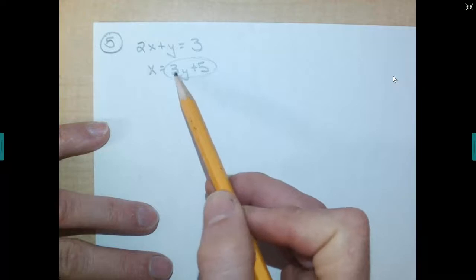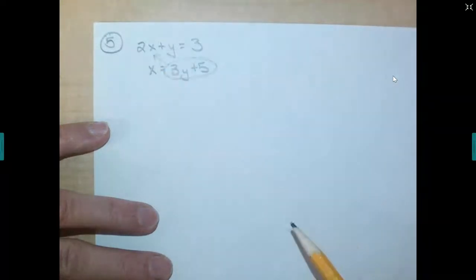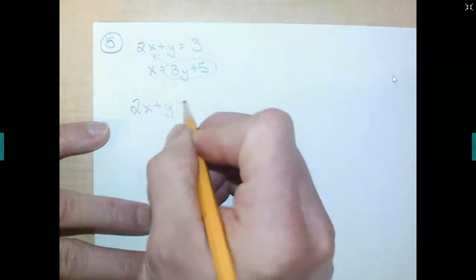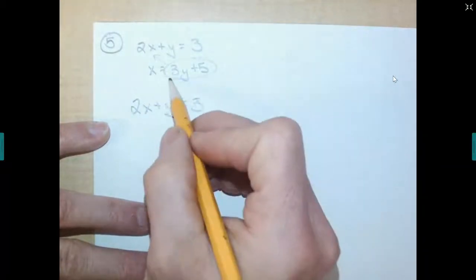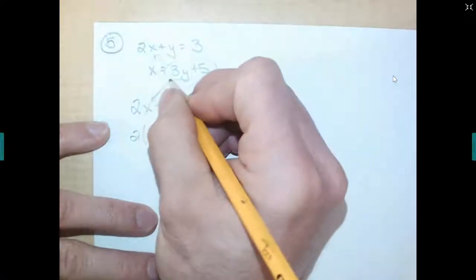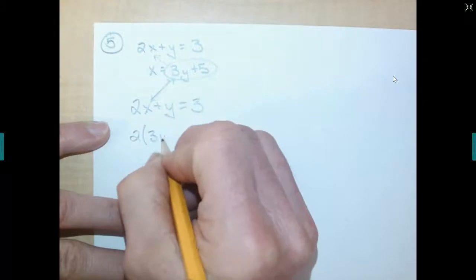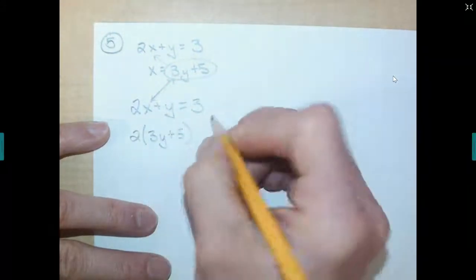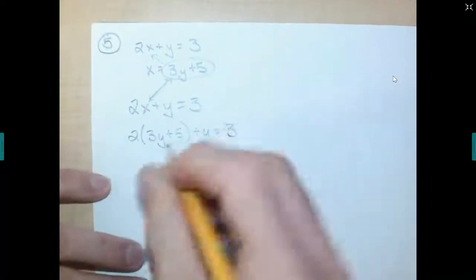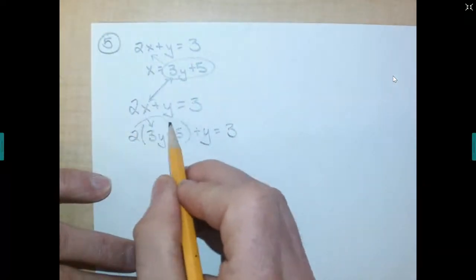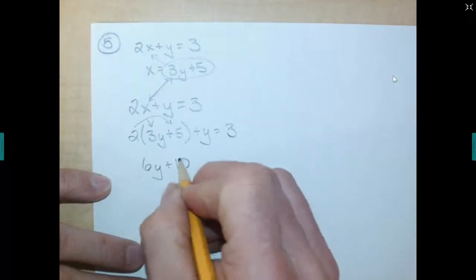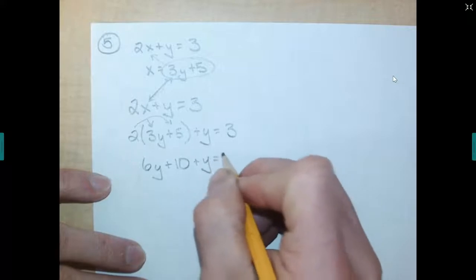So we can just plug this in where the x value is. So I have 2x plus y equals 3. Plug it in for the x. So 2 times (3y plus 5) plus y. Don't forget that y equals 3. Use distributive property. I have 6y plus 10 plus y equals 3.